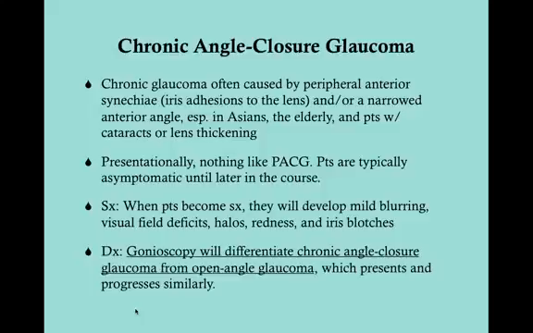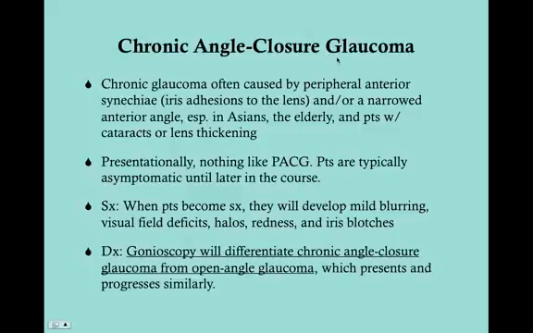A narrowed anterior angle, like just an anatomic narrow angle, particularly in Asians. And in the elderly, the iris changes, the lens changes, and both of those processes tend to narrow the angles. Patients with cataracts, their angle will narrow as well. Patients with physiologic lens thickening, so the elderly, their angle will narrow as well.